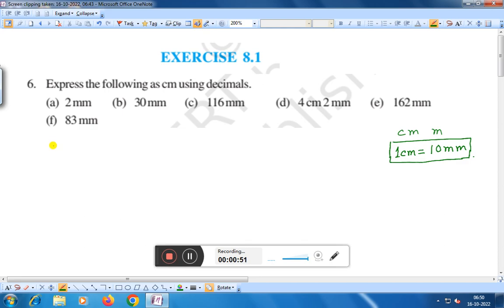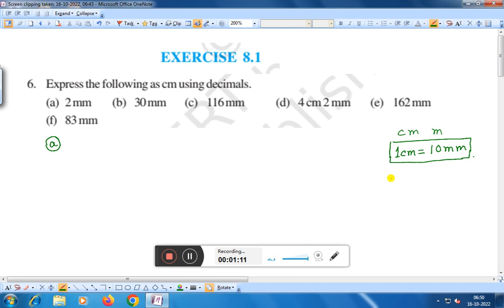So question A is 2 millimeter. Therefore you can say that 1 centimeter equals 10 millimeter, right? You have to change it into centimeter, right?